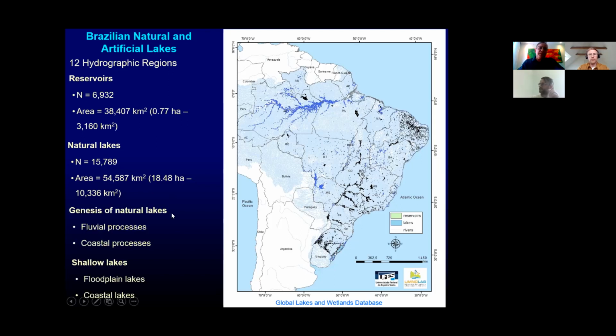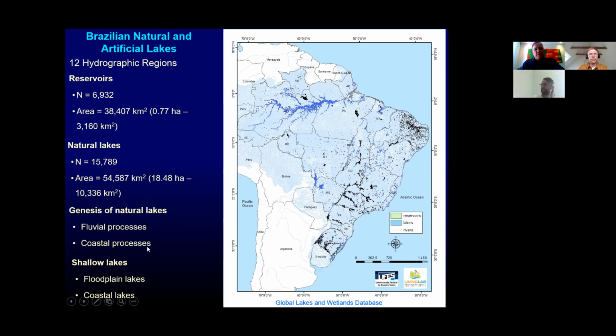In Brazil, the natural lakes mostly have a genesis of fluvial processes, like the alluvial lakes in the Amazon basin, and the lakes in the Pantanal, a huge wetland system in central west Brazil, taking part of Bolivia and Paraguay, with the Paraguayan humedales, which means Pantanal or wetlands in Spanish.